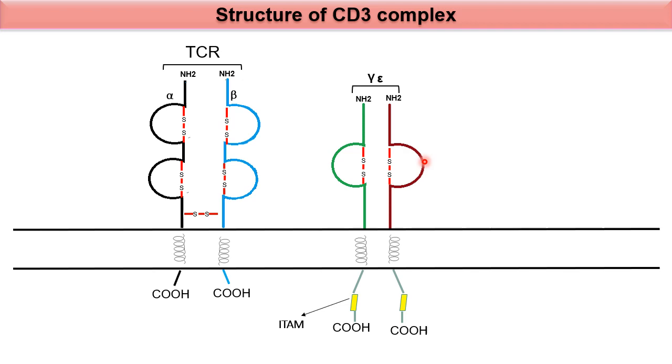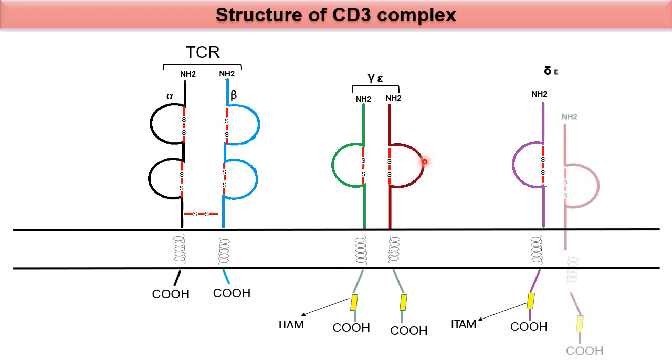Like its sister chain gamma, the delta chain has an N-terminal immunoglobulin like extracellular domain, a transmembrane region containing a negatively charged amino acid, and a cytoplasmic tail containing a single ITAM motif. And this is the epsilon chain that I already talked about. So together they make the delta epsilon chain.